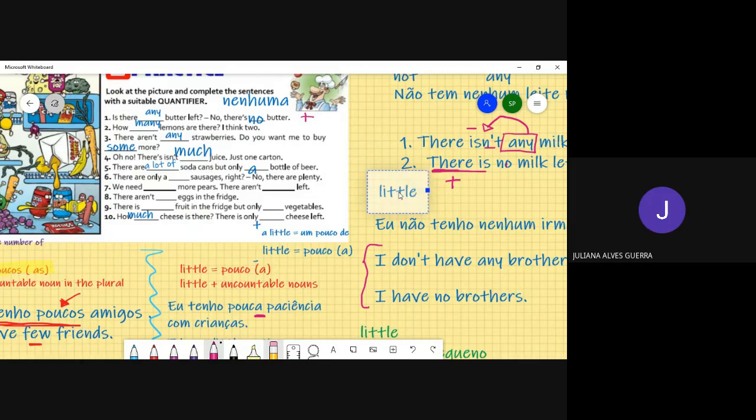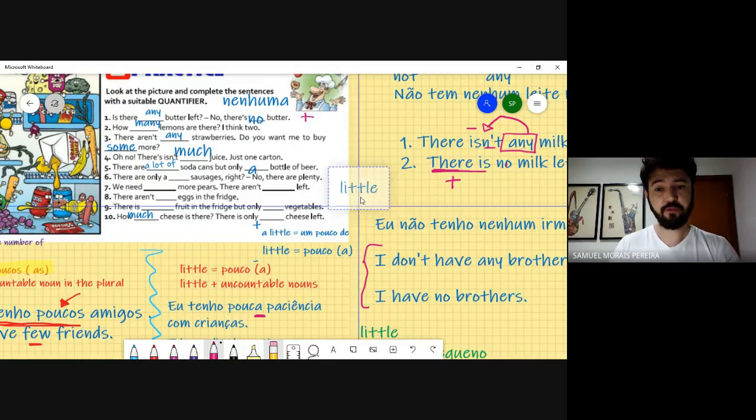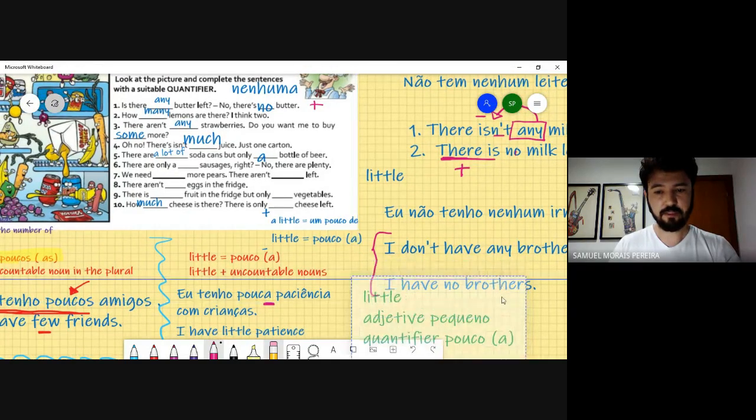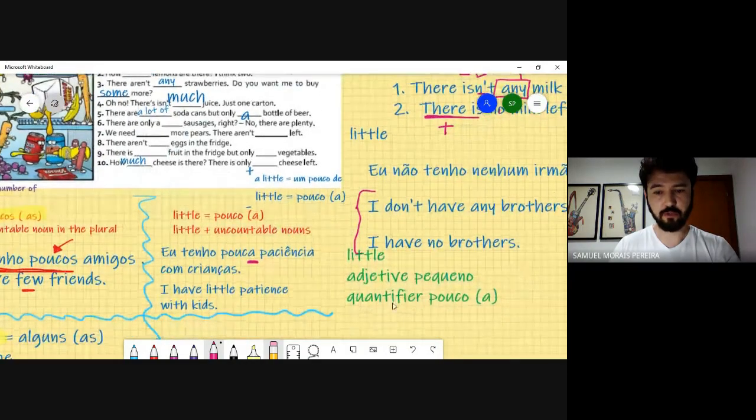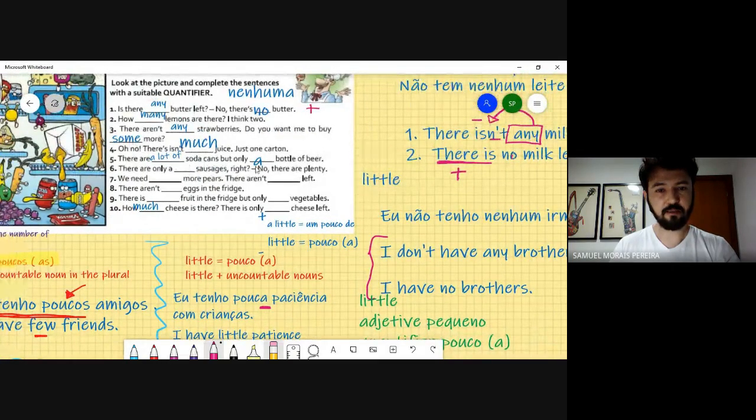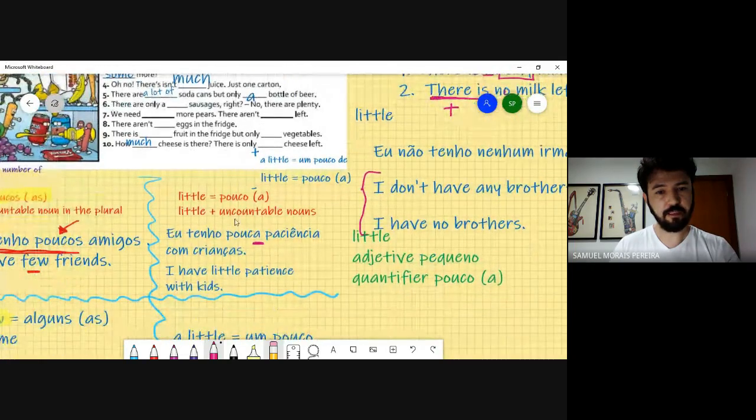Yes. Little. Olha só, qual é o problema de little? Bom, se você está usando little como um quantificador, tá vendo? Little como quantificador quer dizer o quê? Pouco, né? É como se você estivesse falando assim, ó, mas apenas pouca garrafa de cerveja. E olha o que eu falei sobre a palavra little. The word little is used with uncountable nouns, João.